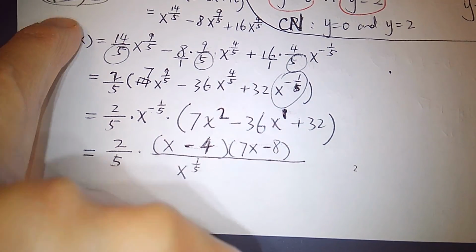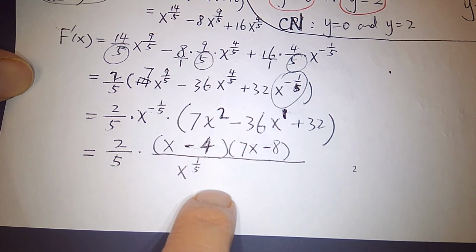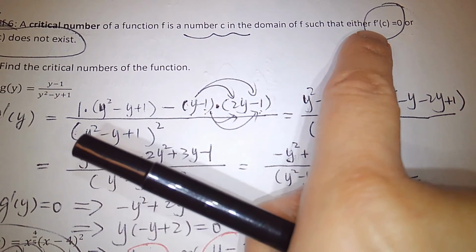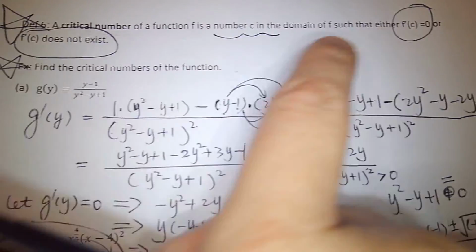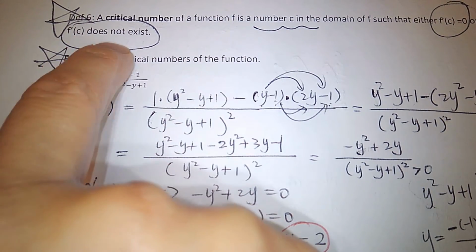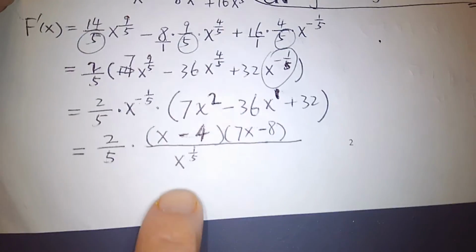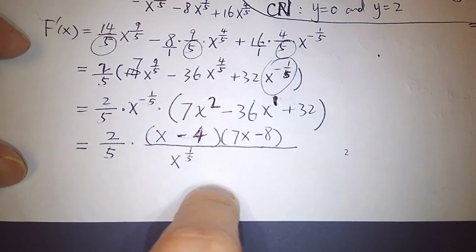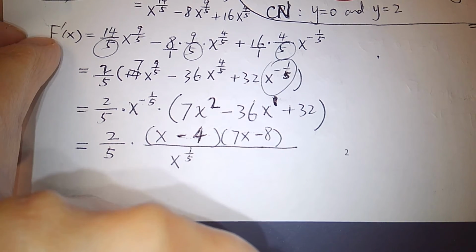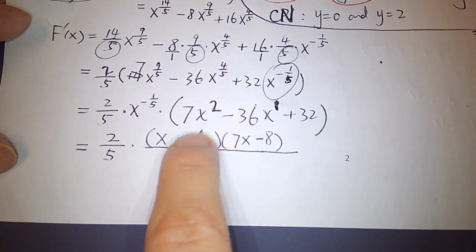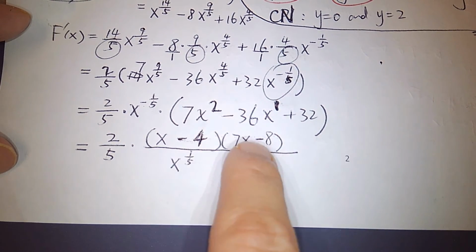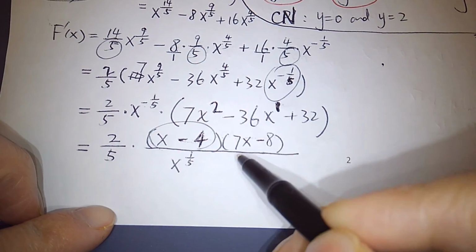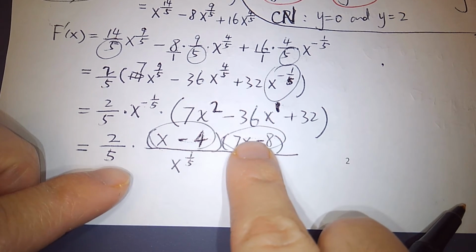See, the derivative of capital F is like this, right? So in order to find the critical numbers, what do you do? Let the derivative equal 0, or let the derivative what? Does not exist. Is this in fraction form? Yes. So to let the derivative equal 0, the numerator must equal 0. So this factor should be 0, this factor should be 0.